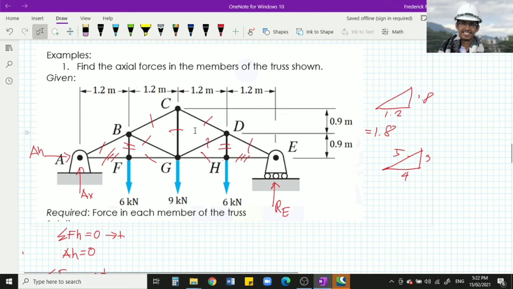So, para mas maganda, pwede nating pagsamahin yung mga top chord, bottom chord, and yung web members natin. Okay? So, yung top chord natin will be AB, BC, CD, and DE. And for the bottom chord, that will be AF, FG, GH, and HE. And for the web members, that will be BF, BG, GD, and DH.